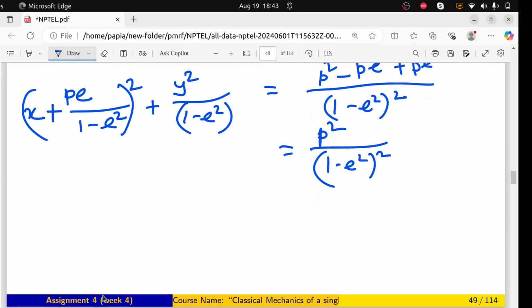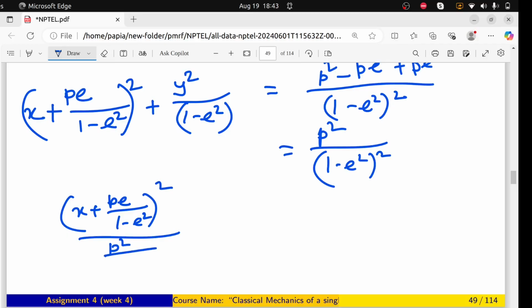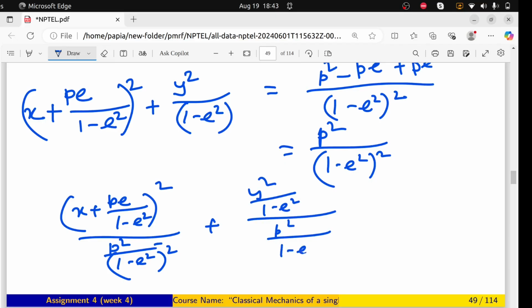Now you can see that x plus pe by 1 minus e square whole square divided by p square by 1 minus e square whole square, plus y square by 1 minus e square divided by p square by 1 minus e square whole square, equals 1.